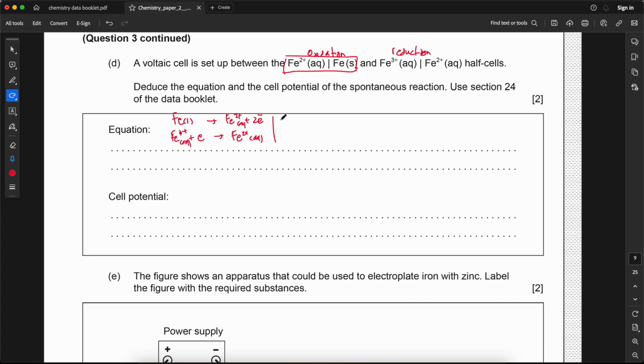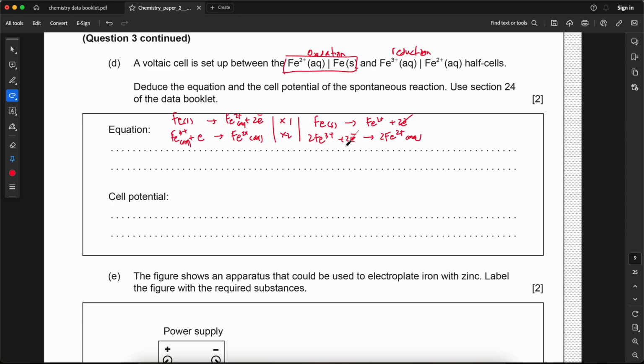Then we need to multiply by 2 because here is 2 electrons, here is 1 electron only. So this will stay the same, and for this one it will be 2 Fe3+ plus 2 electrons becomes 2 Fe2+ aqueous.